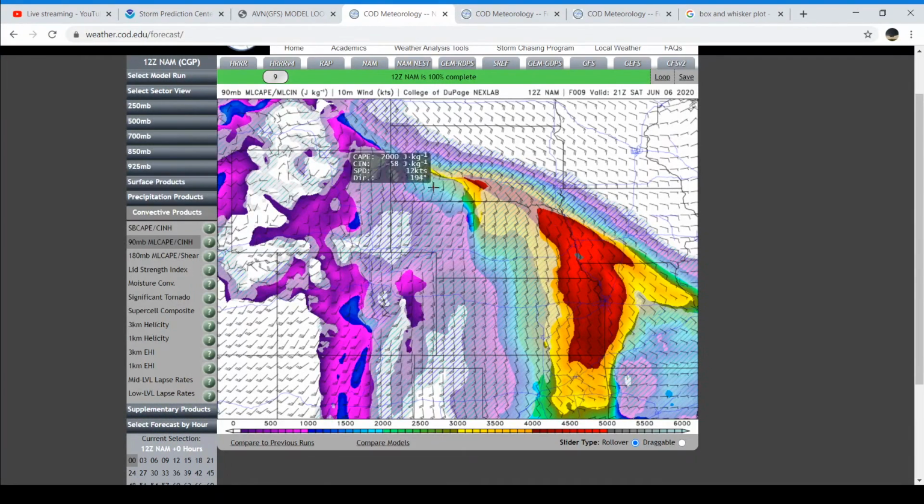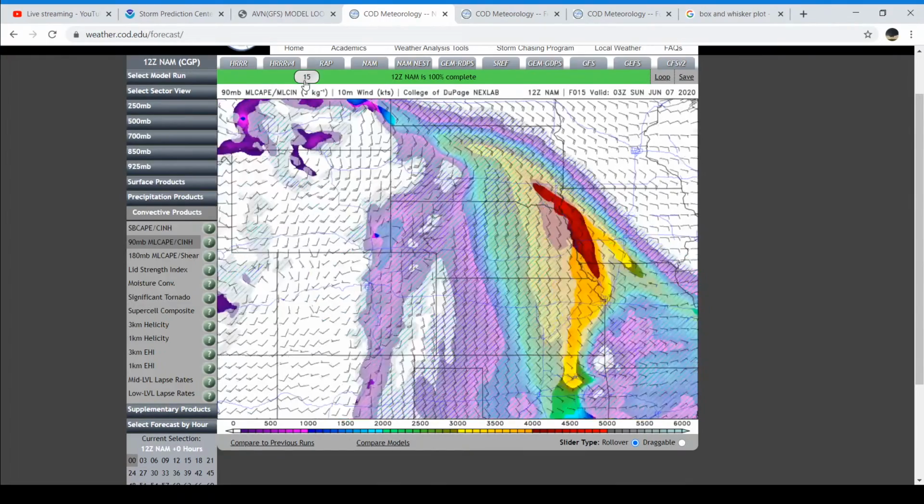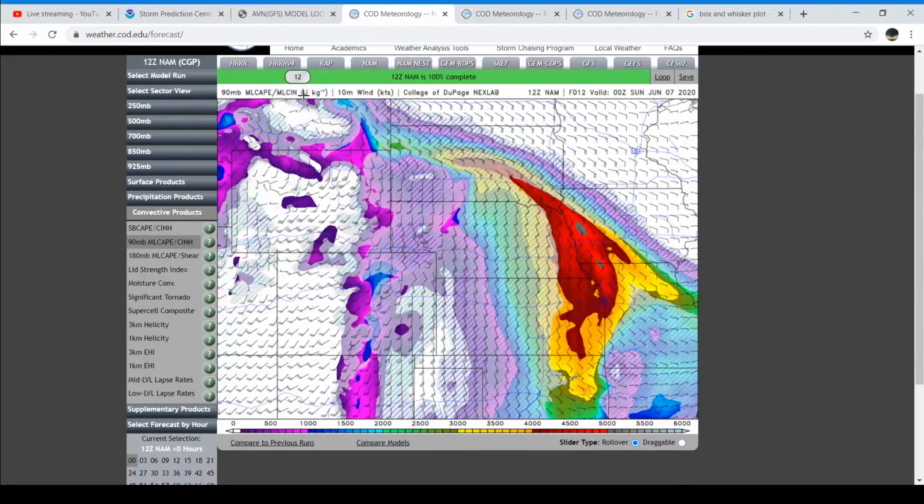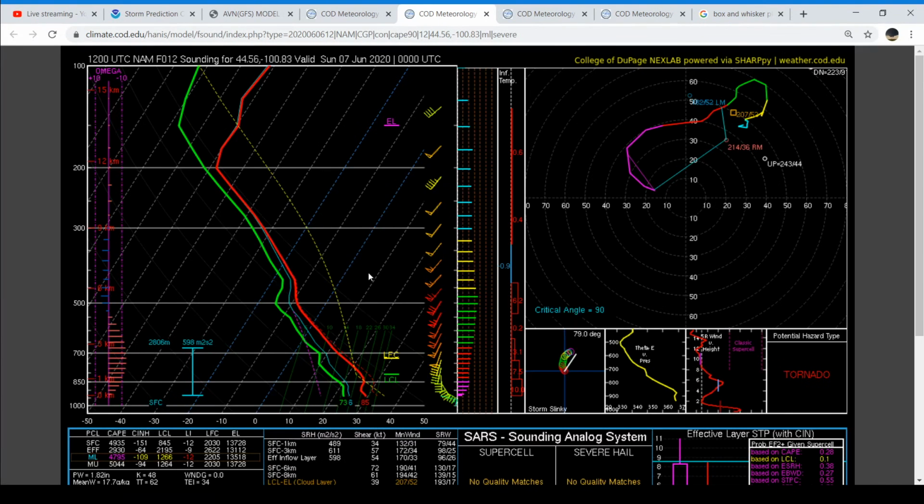So kind of marking this area right in here maybe. So even though it still shows convective inhibition, as we can see, the convective inhibition seems to be very weak through this area. We'll see how our effective inflow is doing, see if it's able to feed into these storms.